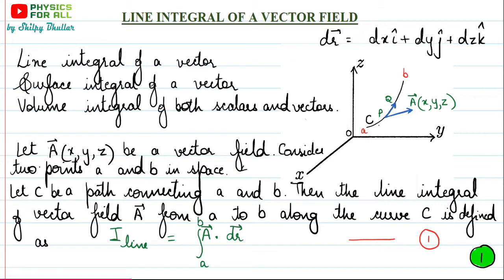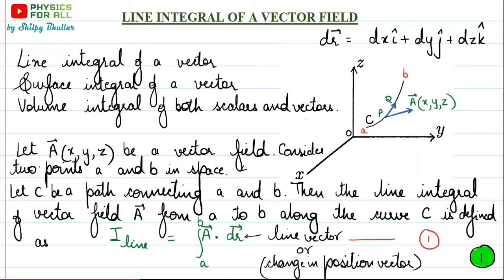Since we are doing our measurement over the line, we will take dot product with some line vector. And this dr is a line vector, it's a position vector. R is a position vector, similarly dr is also a position vector. Okay, so we can mention it here. So even if something represents change in position vector, still its nature is going to be a position vector. So it is a line vector.